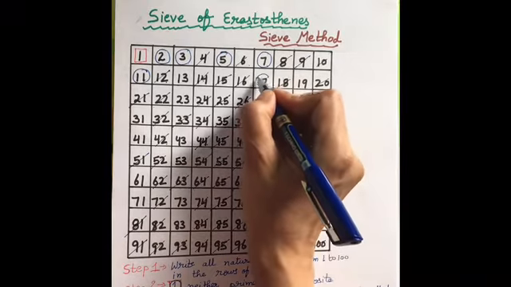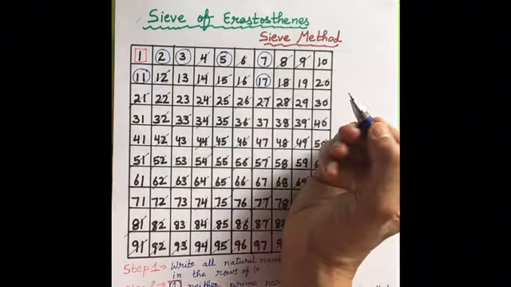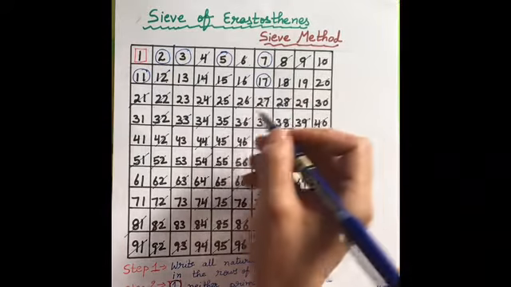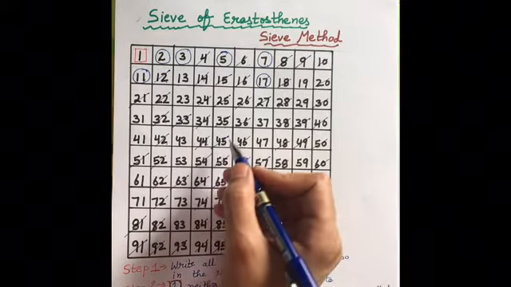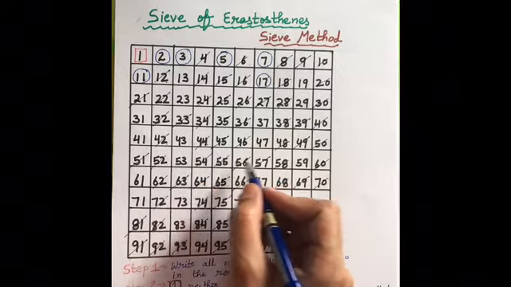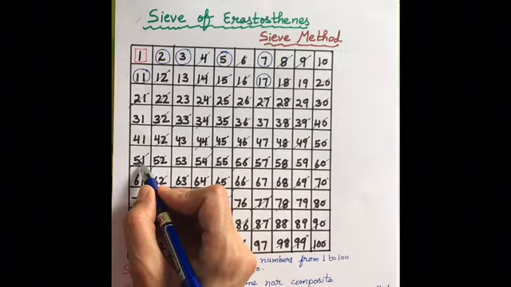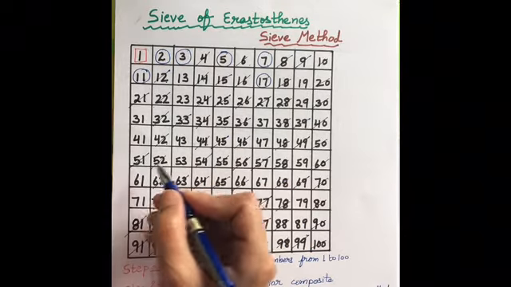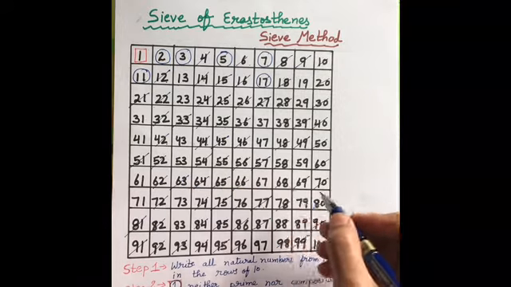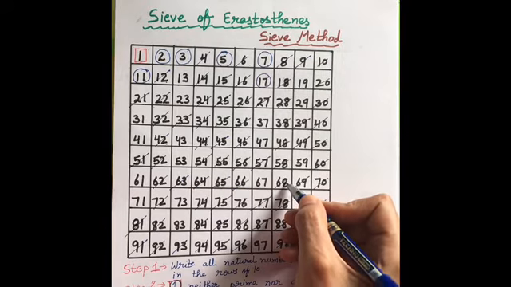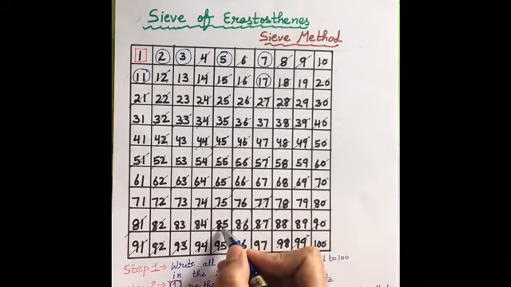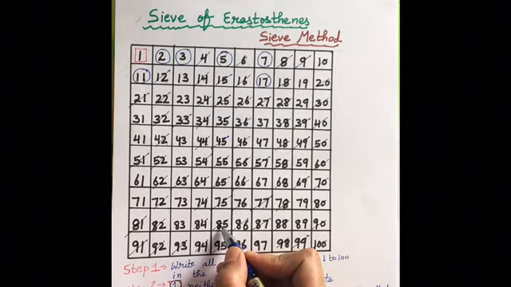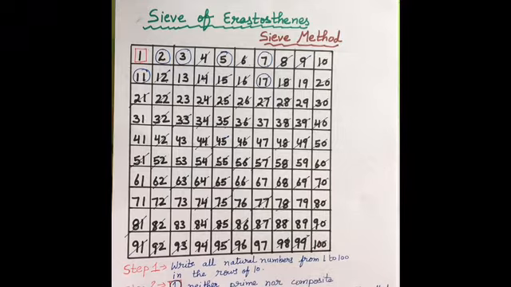After this we have 17. 17 ones are 17, 17 twos are 34, then 51. 51 is also gone. Fine. Then 68 and then we have 85, and okay, done.